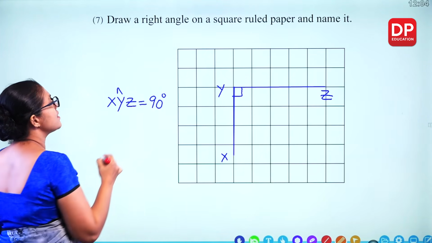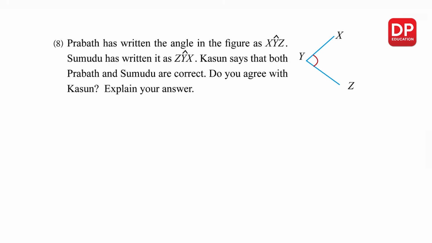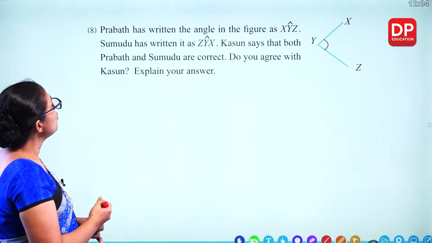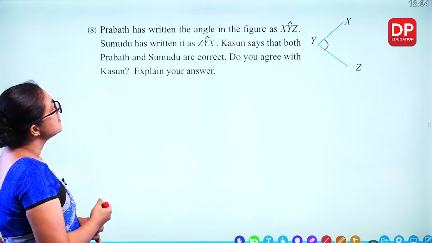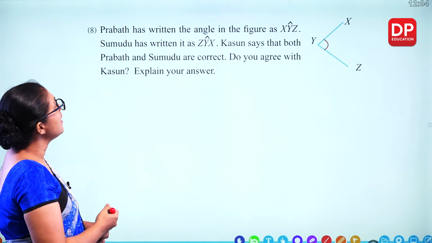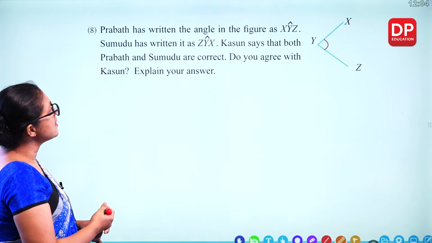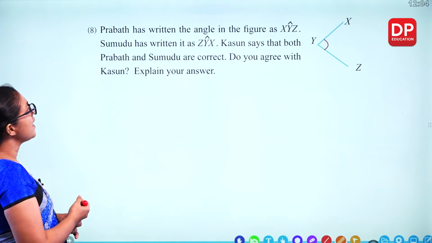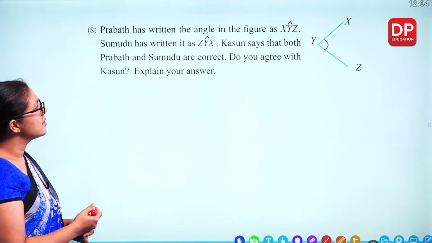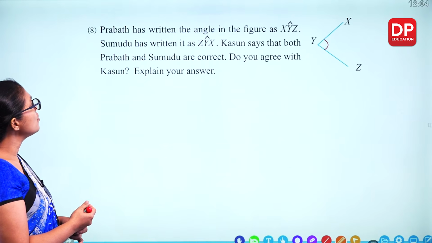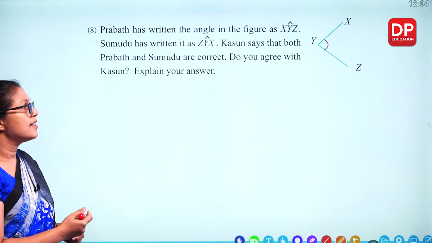That's a right angle. Prabhat has written the angle in the figure as XYZ. Sumudhu has written it as ZYX. Kasun says that both Prabhat and Sumudhu are correct. Do you agree with Kasun? Explain your answer.